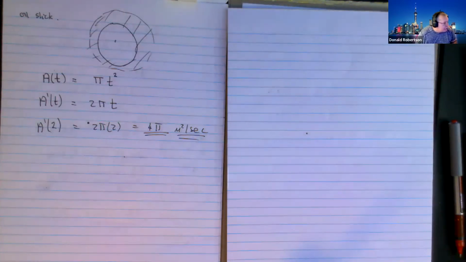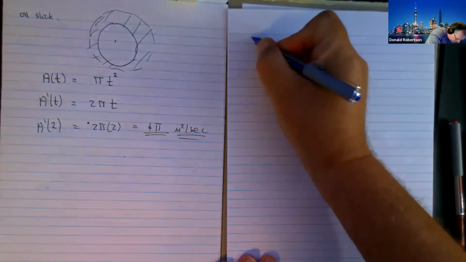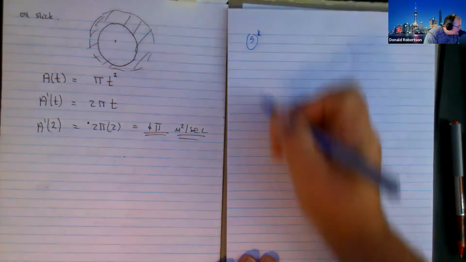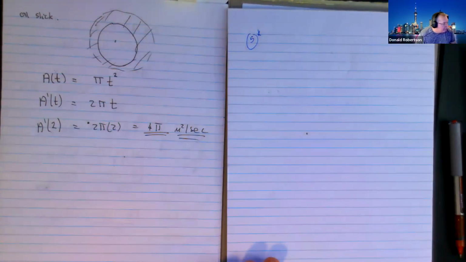So this one is a version of a homework question. A company that makes computer chips, square ones, in fact.